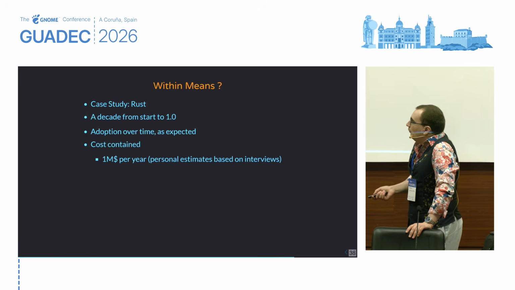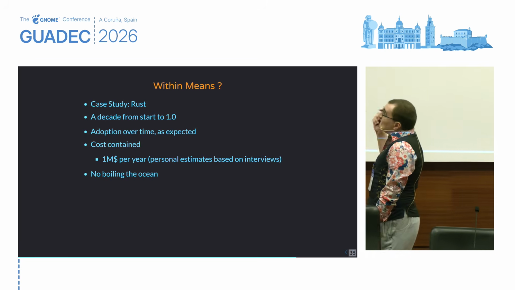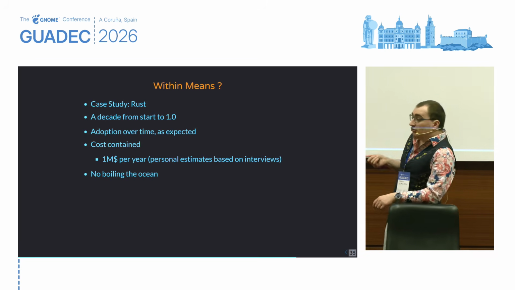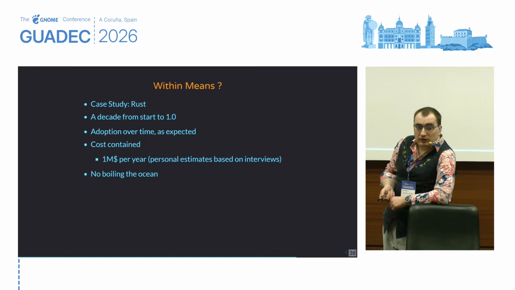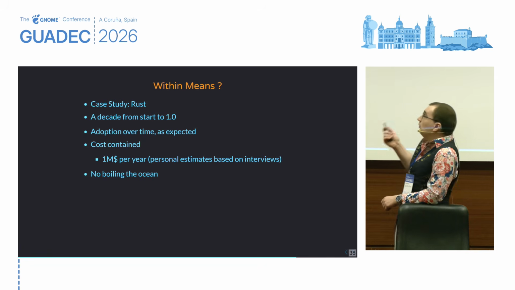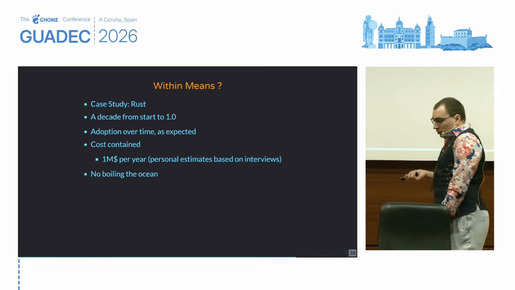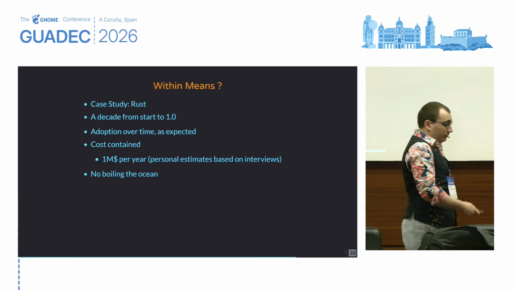Would love to. But it's achievable. This is not boiling the ocean. 10 years at $1 million, this is a budget that can be offered to policymakers. Right? It's a budget that will make sense. 10 years is a bit long. It doesn't fit into the usual election cycle, but it does make sense for policymaking.